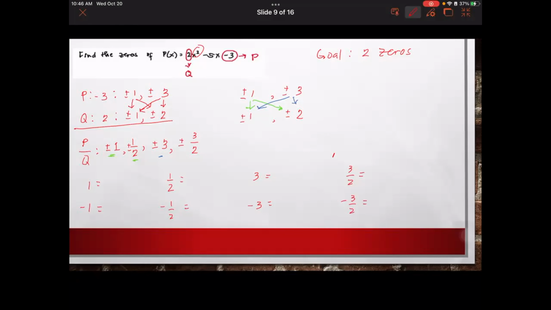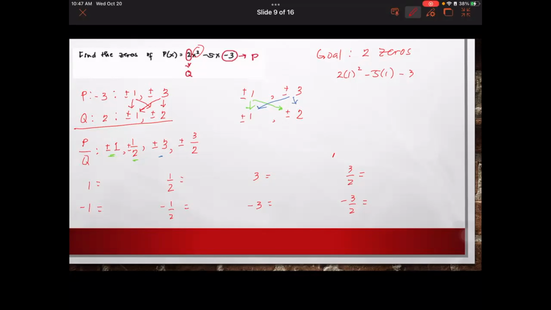So, let's try first the positive 1. What will be the answer kapag positive 1? Substitute natin siya doon sa 2 times 1 squared minus 5 times 1 minus 3. What's your answer? Negative 11 po.